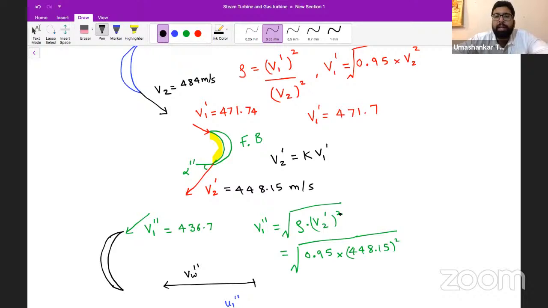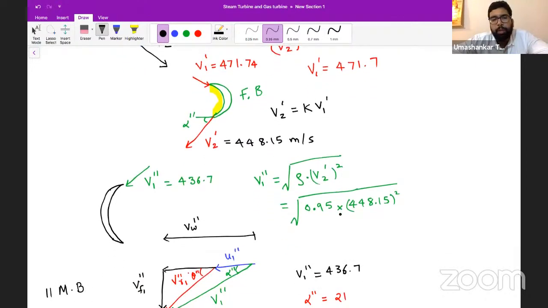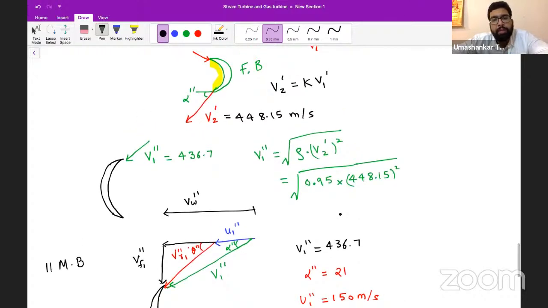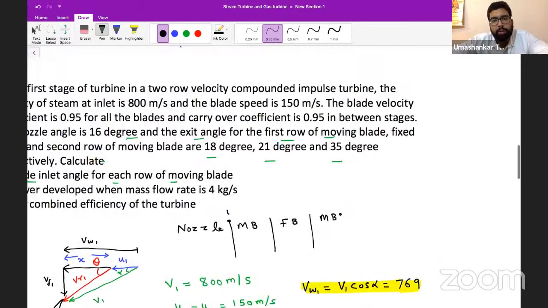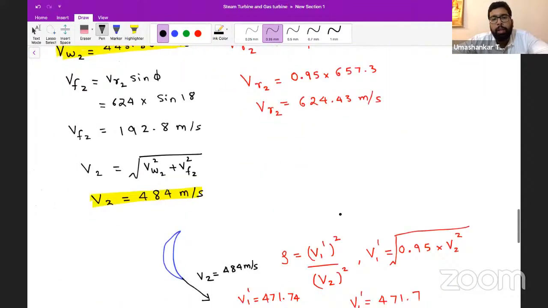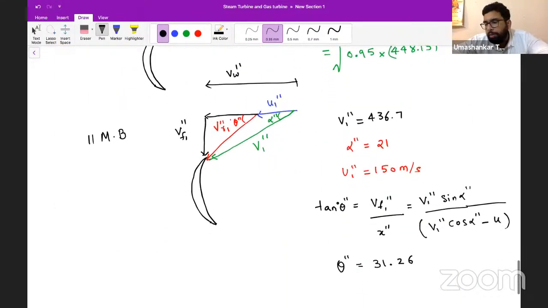So this 21 degrees is the exit angle of the fixed blade or the entry angle to the next stage of the moving blade. So we will have this alpha double dash given in the question, 21. You can see it is given in the question. So alpha double dash we have got.